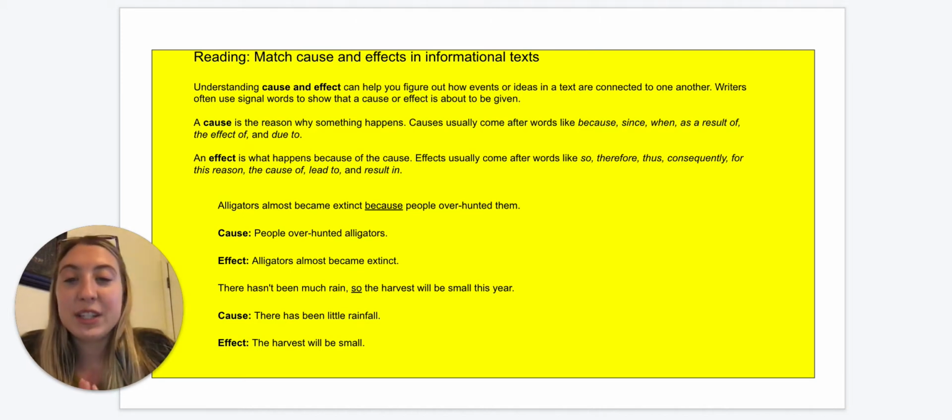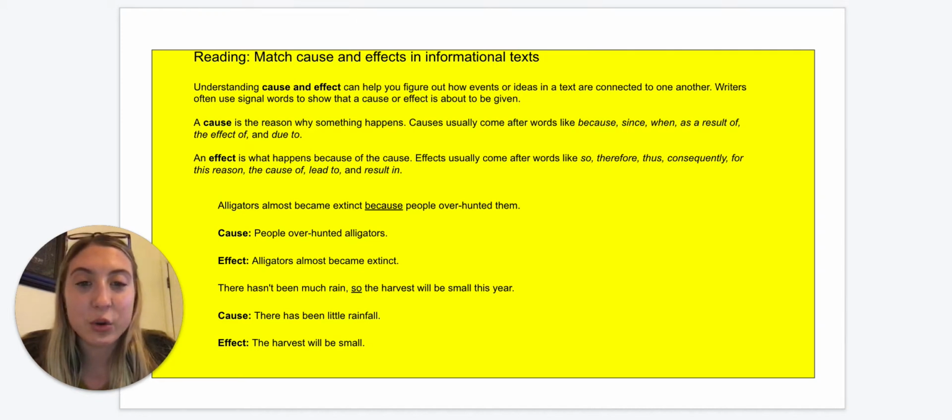Understanding cause and effect can help us figure out how events or ideas in a text are connected to one another, so how they go together. Writers often use signal words to show that a cause or effect is about to be given. A cause is the reason why something happens.